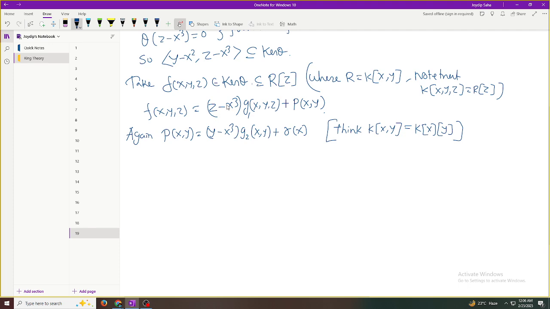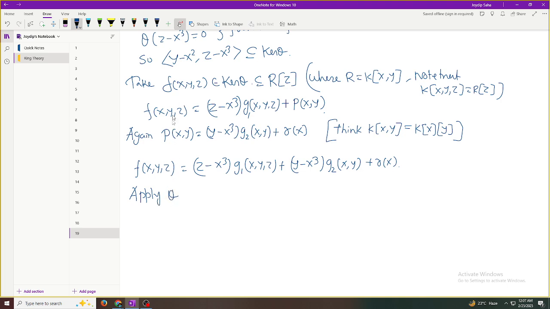So all are monic, so I can divide. If it is not monic, then I cannot divide, and I would have to go to the field of fractions. There is another technique, but here all are monic in z and monic in y, so I can divide. Now apply theta.